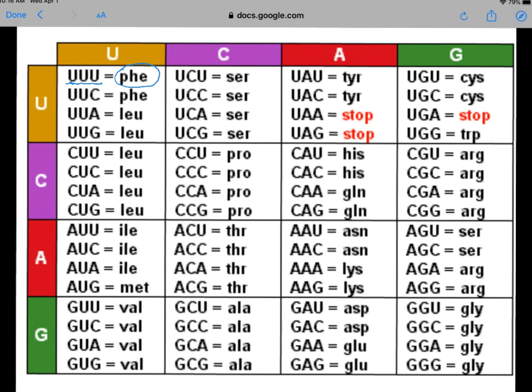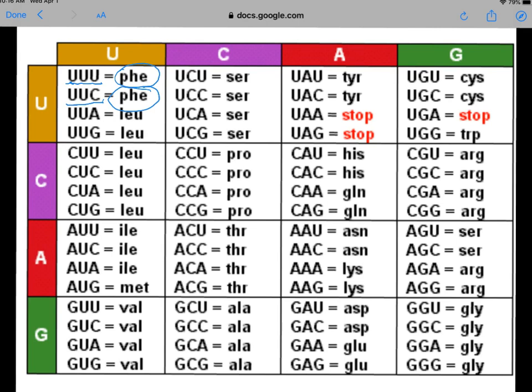I have a document, a PDF, with this amino acid chart with the full names of the amino acids written out in Schoology, so you'll probably want to look at that one for when you're doing activities, but this was the one that I have on this slide, so we can just use the abbreviations. You'll also notice that UUC also codes for phenylalanine, so we do have some overlap there.